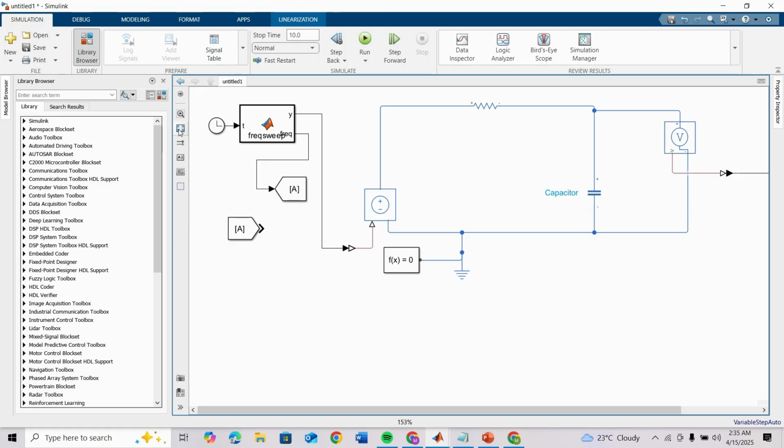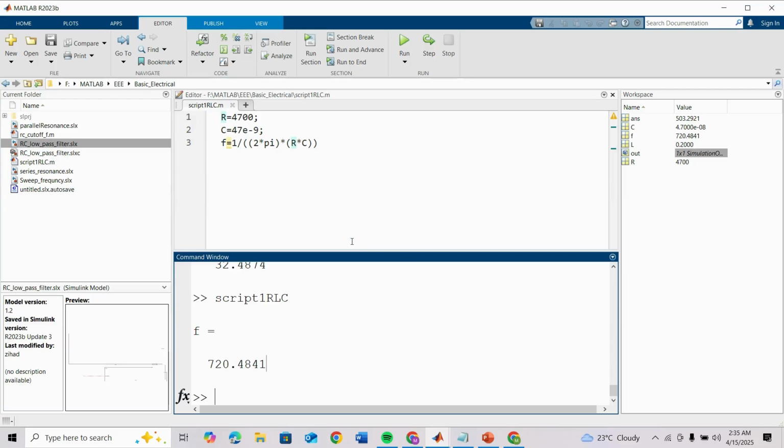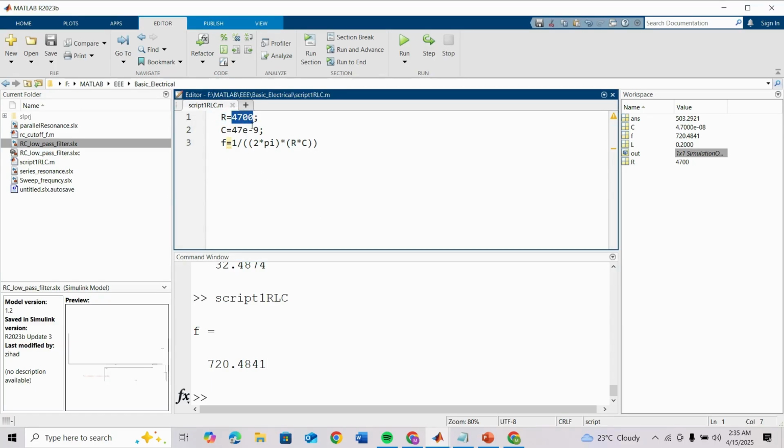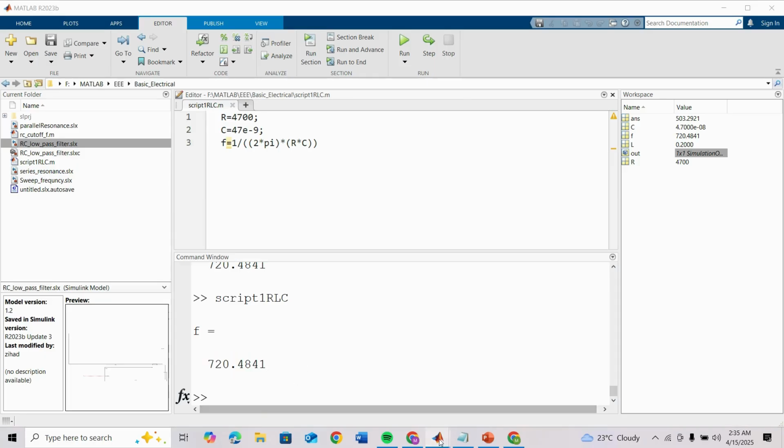Frequency, and this is our frequency. Now we have to choose our resistor and capacitor values, and I have already made a MATLAB script. My resistance value is 4.7 kilo ohm, and C is 47e-9. If I run this script, you can see the cutoff frequency should be 720.